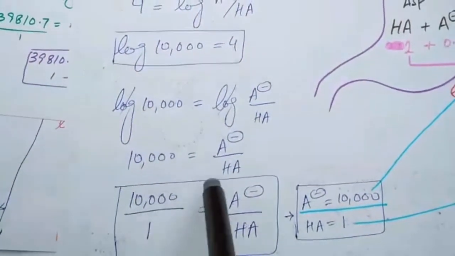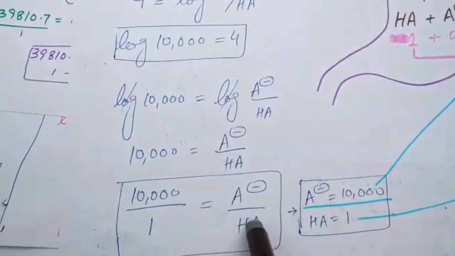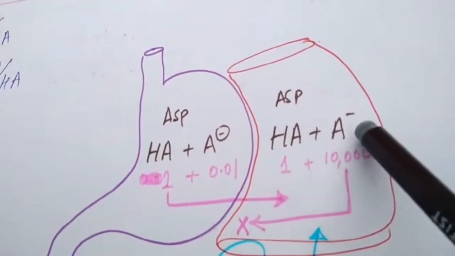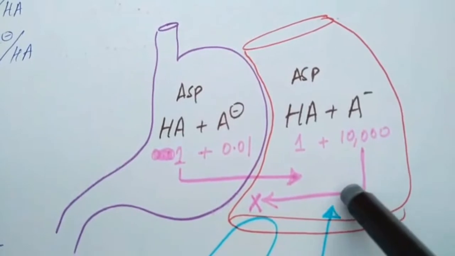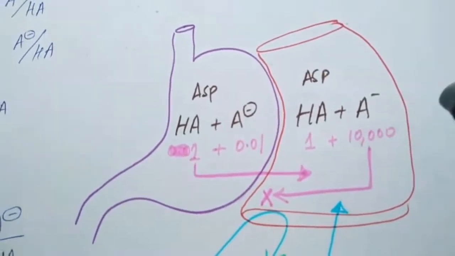So 10,000 divided by 1 means the ionized form is 10,000 and the unionized form is 1 inside the blood. So these 10,000 cannot be reabsorbed because they are in the ionized form.